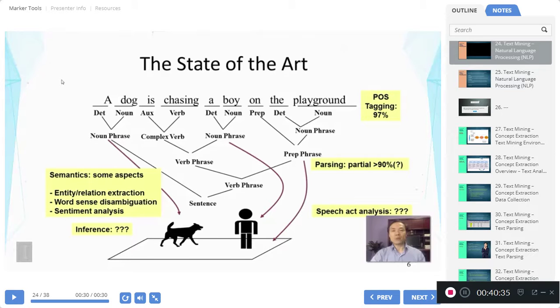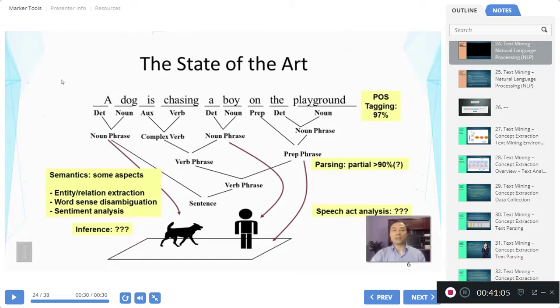Because of these problems, the state-of-the-art natural language processing techniques cannot do anything perfectly. Even for the simplest part of speech tagging, we still cannot solve the whole problem. The accuracy that I listed here, which is about 97%, was just taken from some studies earlier. And these studies obviously have to be using particular data sets.